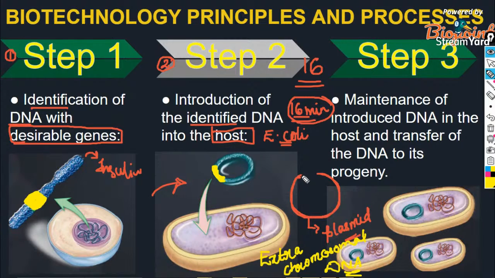Look guys, this is the plasmid. Into the plasmid of the E. coli bacteria, which acts as the host, we have introduced the gene that controls the production of insulin. You would have seen that this is the plasmid, right?